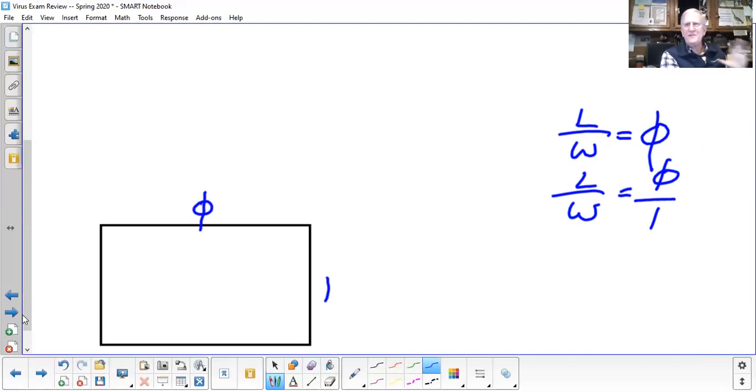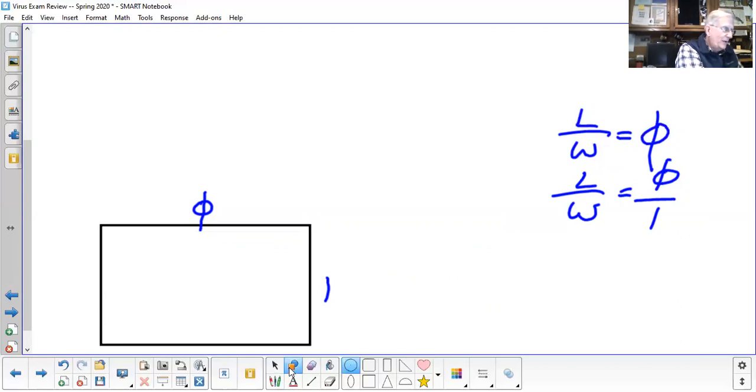Now, what happens if I add the largest possible square to the long end of this golden rectangle? Well, let me see if I can do this. I'm going to add a square to this figure. Here we go.